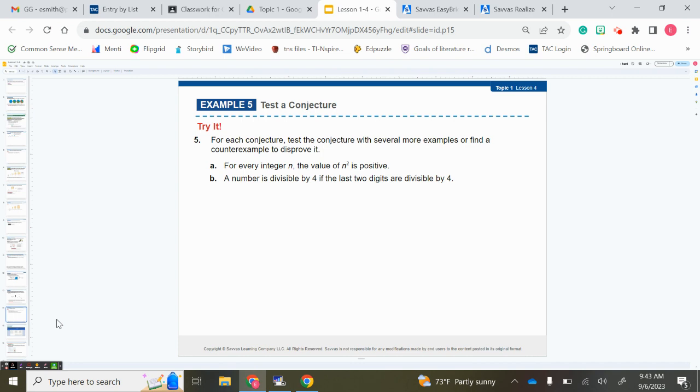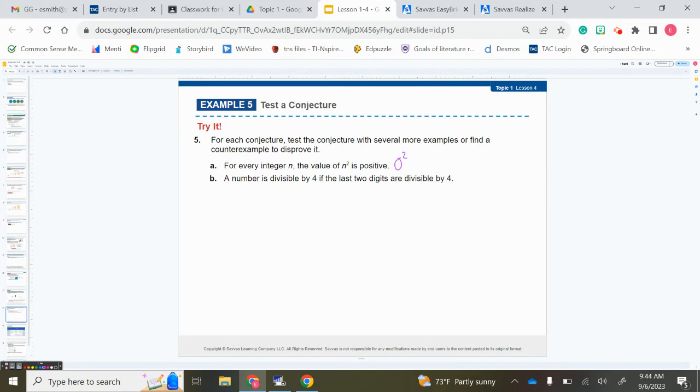Something's irking me though. And this is where we have to really fine tune our skills a little bit to include as much as we can. What's 0 times 0? 0.